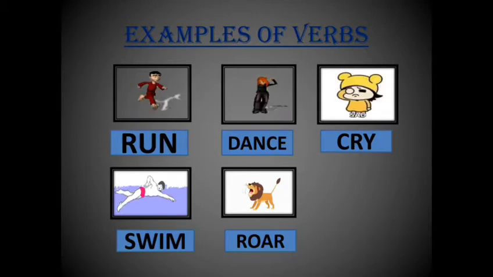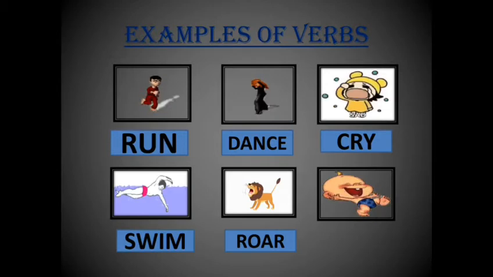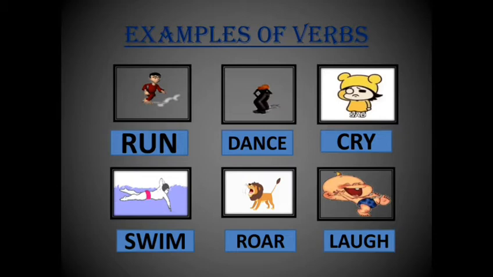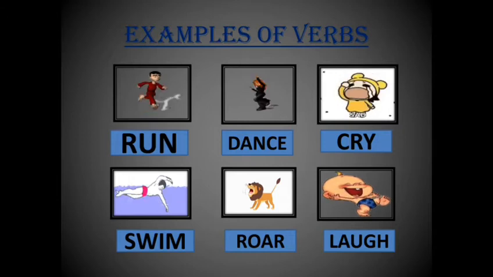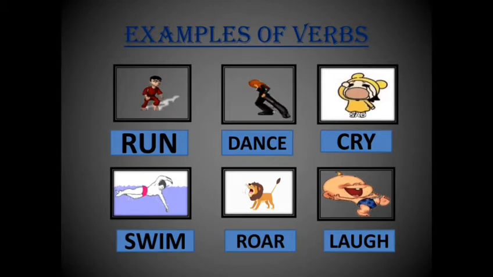Now observe the last picture and tell me, what is this baby doing? Yes, the baby is laughing. So here laugh is an action word. So children, run, dance, cry, swim, roar, laugh.